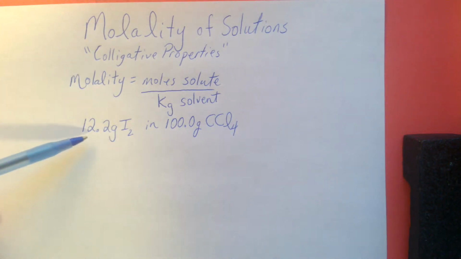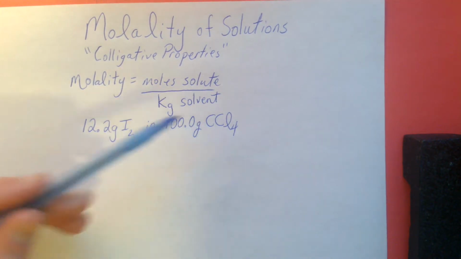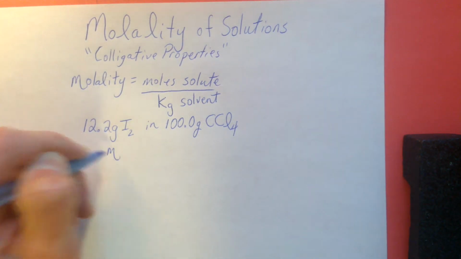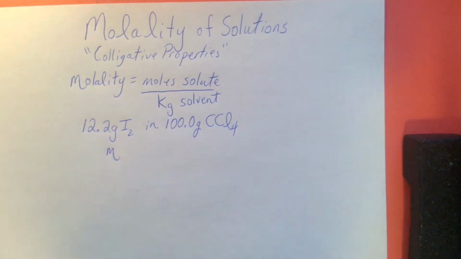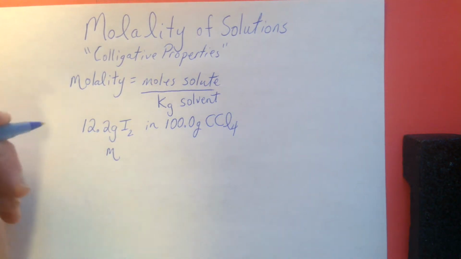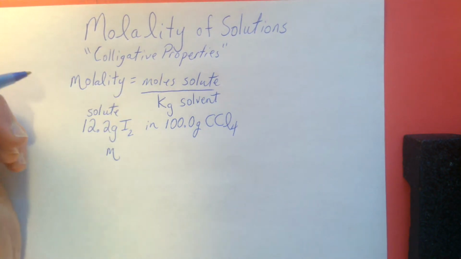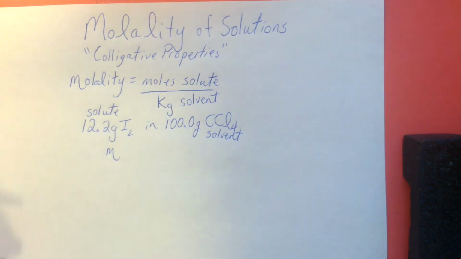We're going to determine the molality, which you'll often see written as a lowercase m, italicized or with a curly tail. Our solute is the iodine, and our solvent is the carbon tetrachloride.